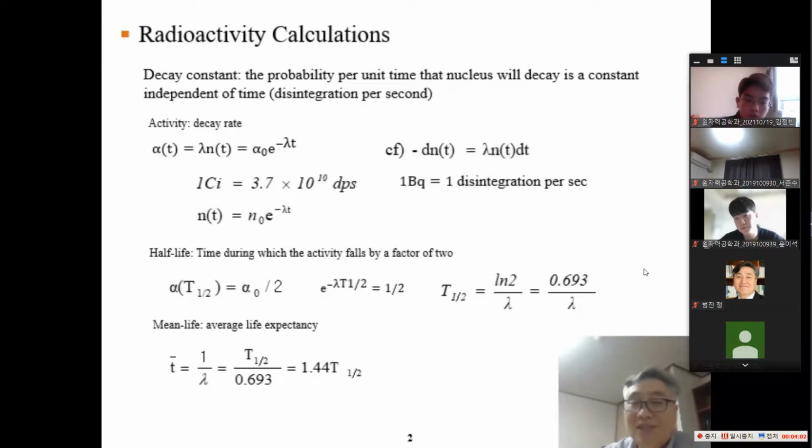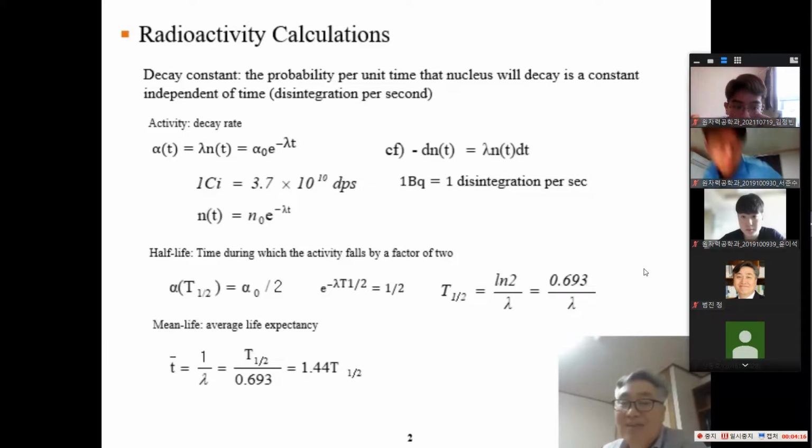We can rearrange that easily. dN/dt equals minus lambda N. That means when we want to know the function N, when we differentiate the function N(t), we get N(t) again with minus lambda as a coefficient. That means N(t) is an exponential function.